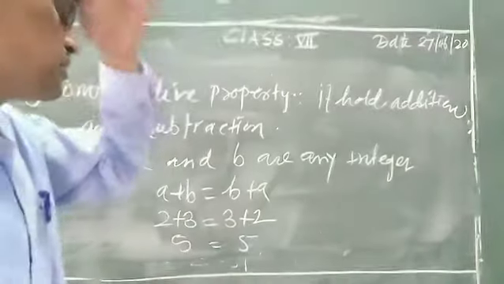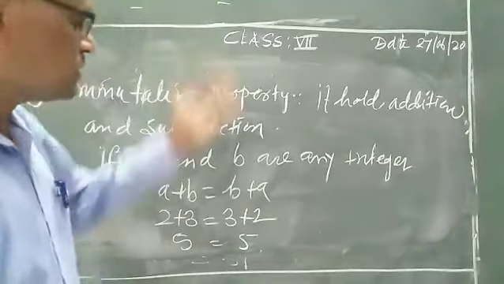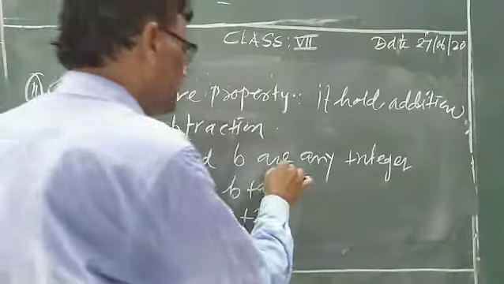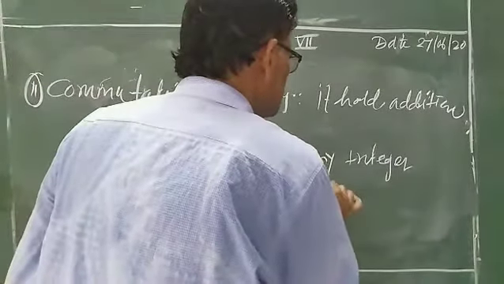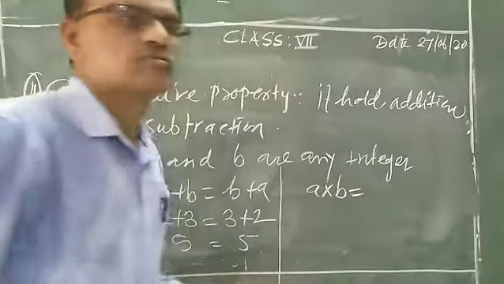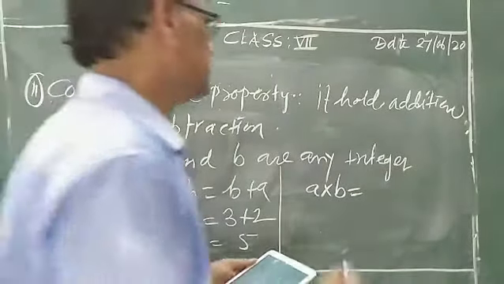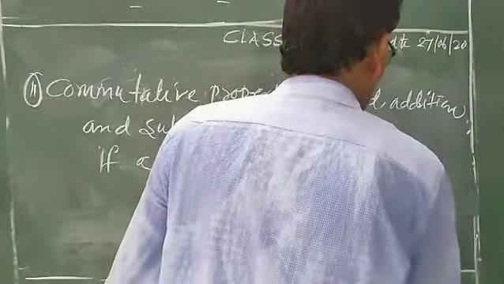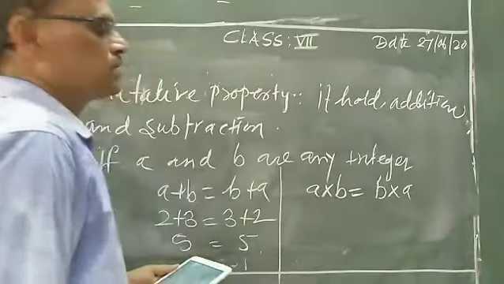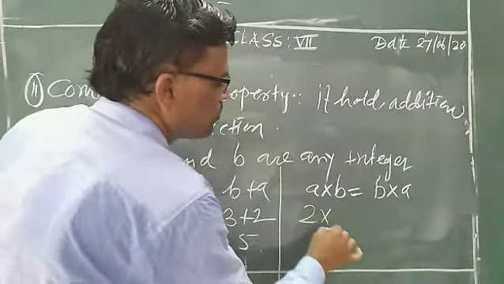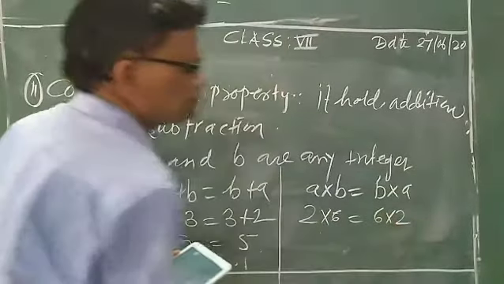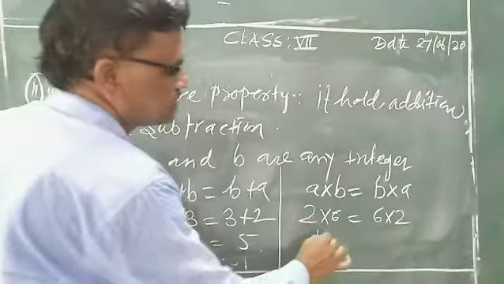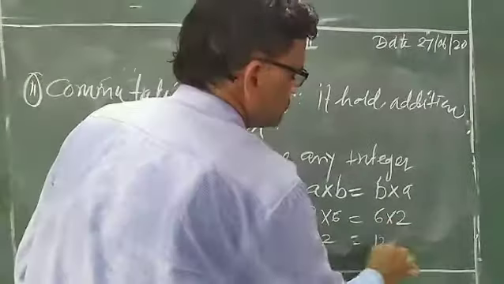This property also holds in multiplication, that is A into B equals B into A. See here, 2 into 6 is 12, and 6 into 2 is 12.